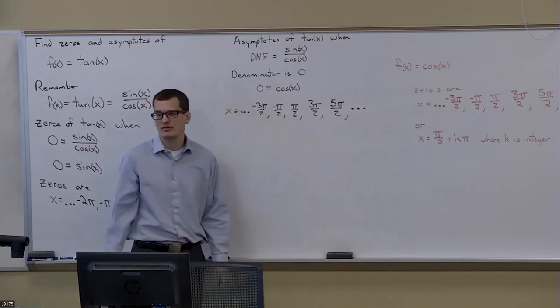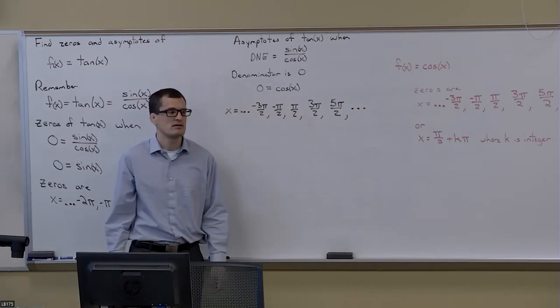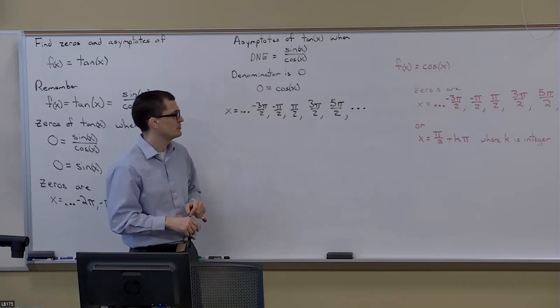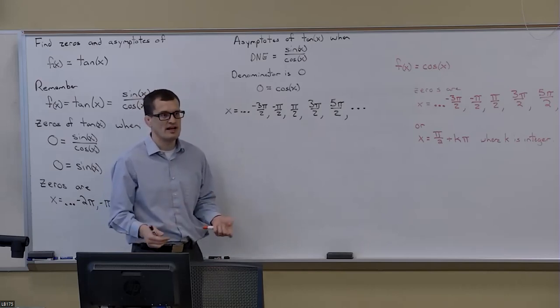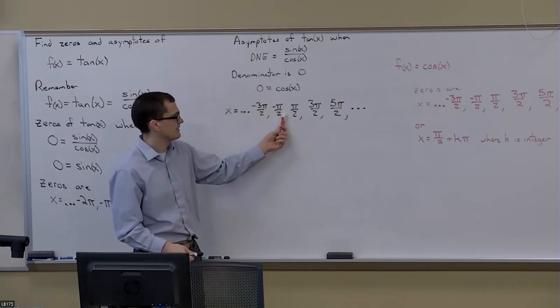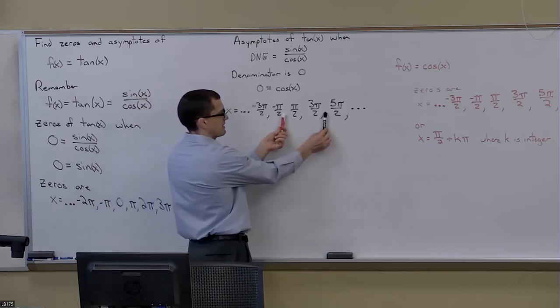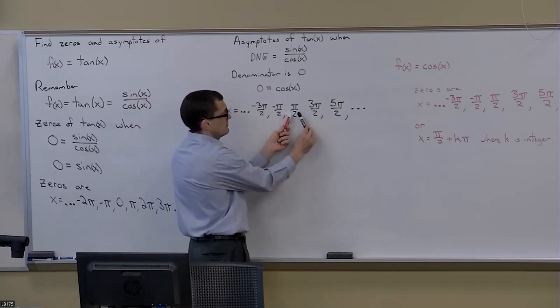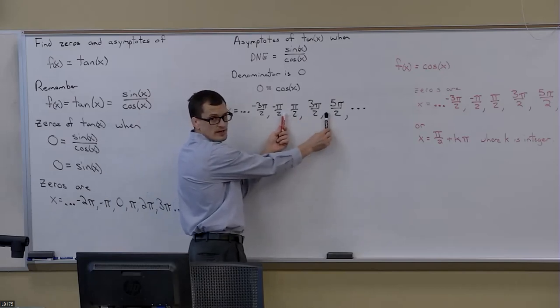And just list out those 4. Or if it said, where are all the asymptotes between 0 and 2 pi? Well, 0 is between here and here. 2 pi is right there. So all the asymptotes between 0 and 2 pi are just those 2, right?